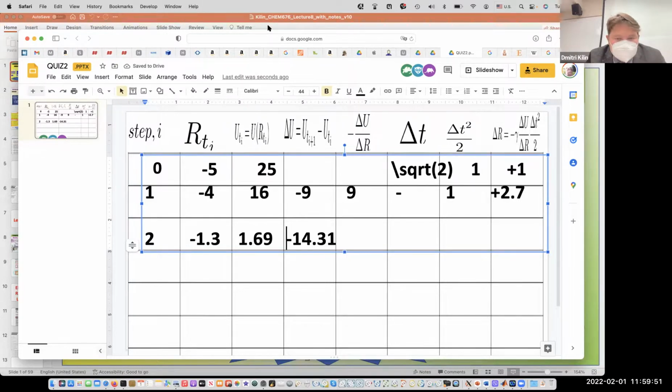The next in my list is Amir. Amir, would you please compose a ratio? So I think it will be minus this 14.31 divided by delta R, which was 2.7. 5.3.